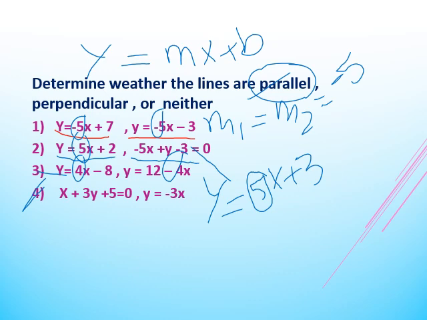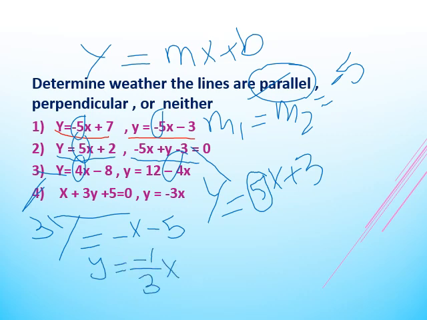And the fourth one, also we should convert the equation first to the slope-intercept form. So 3y equals negative x minus 5. Dividing both sides by 3, we get y equals negative 1 over 3 x minus 5 over 3, where the coefficient of the first line is negative 1 over 3, and the coefficient for the second one is negative 3.